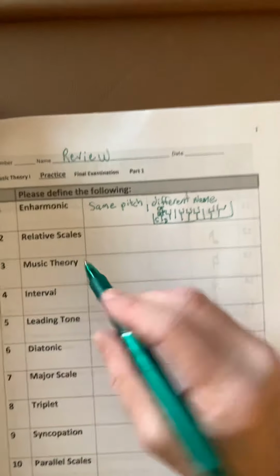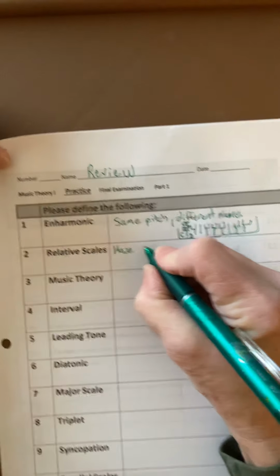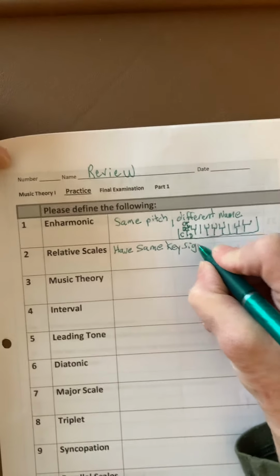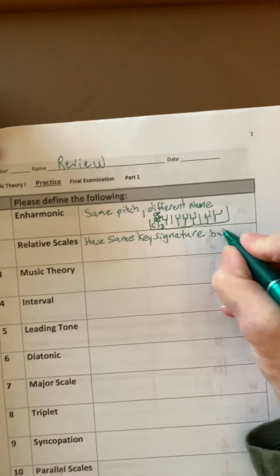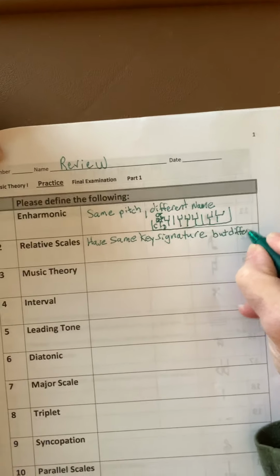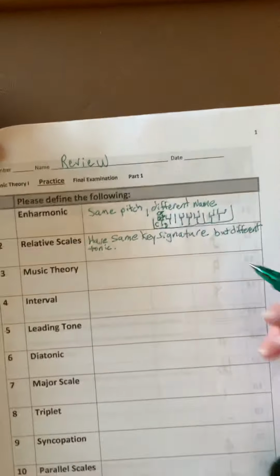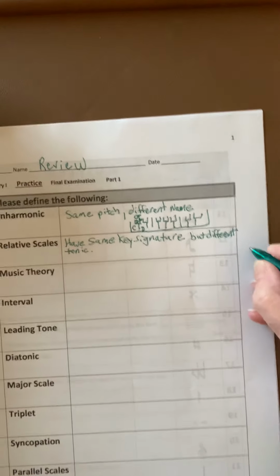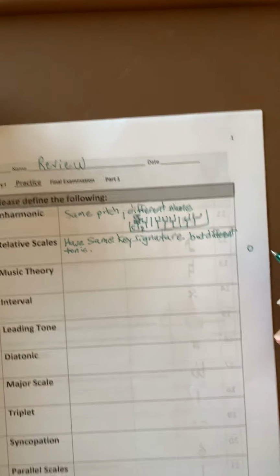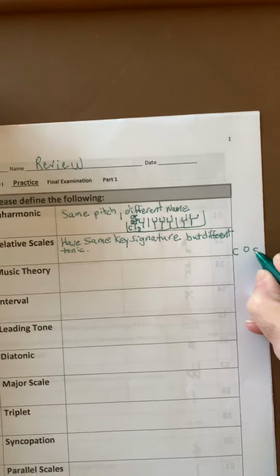Okay, relative scales. Relative scales have the same key signature, but different tonic. Like in your chart of importance, 0 sharps and flats, C major is across from A minor.